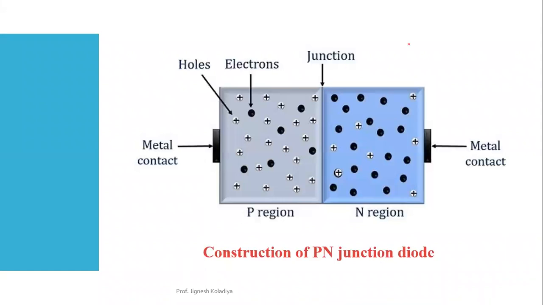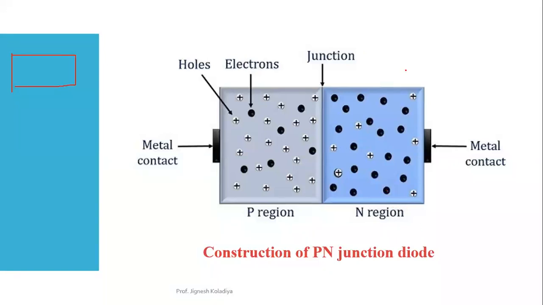First of all, what we have to do, you can just take one silicon wafer like this, or you can take the germanium wafer, that is our intrinsic semiconductor, and then in order to improve the conductivity, I'm going to add some impurities like donor and acceptor, or pentavalent and trivalent impurities.